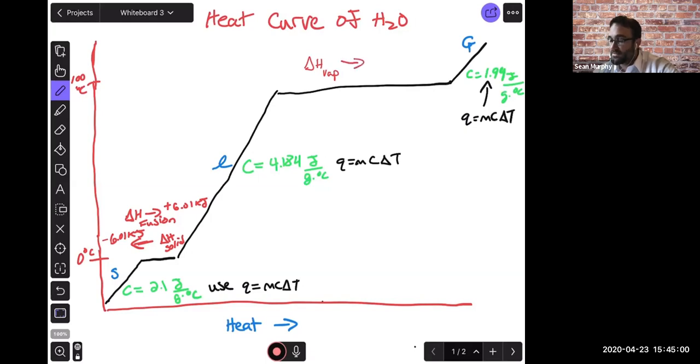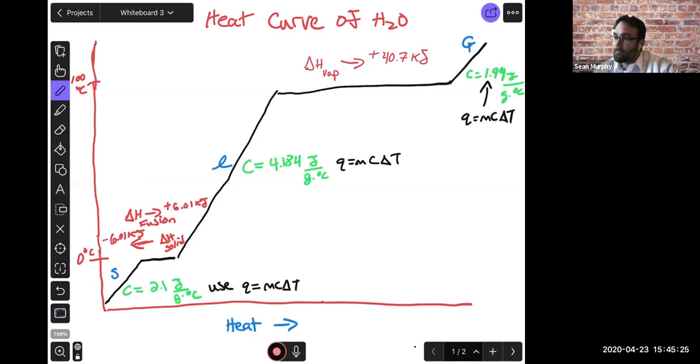This horizontal line is a lot longer than at 0 degrees because it takes more energy to boil. It's 40.7 kilojoules of additional heat to make it past this transition phase.